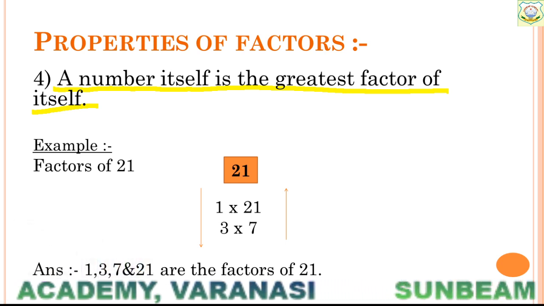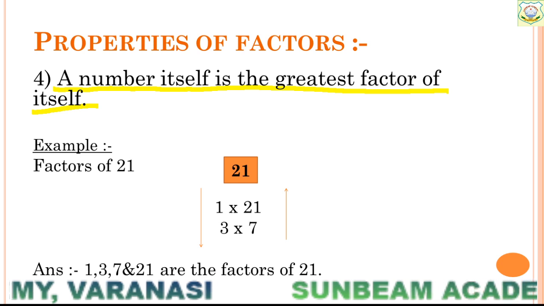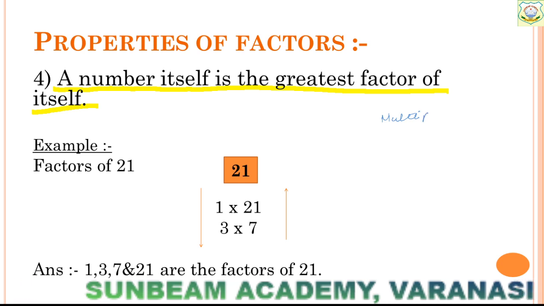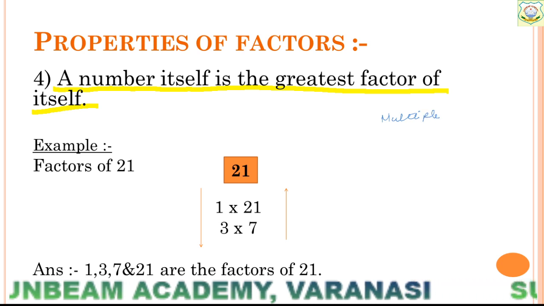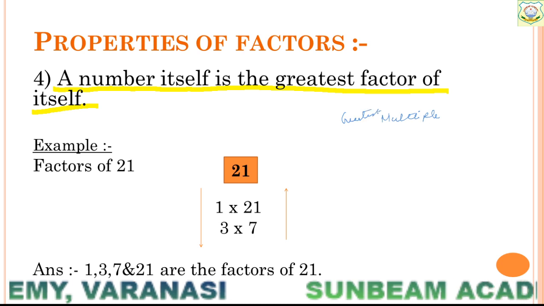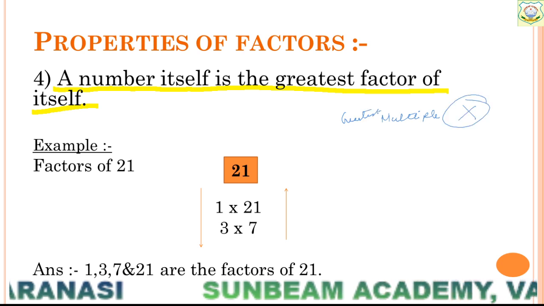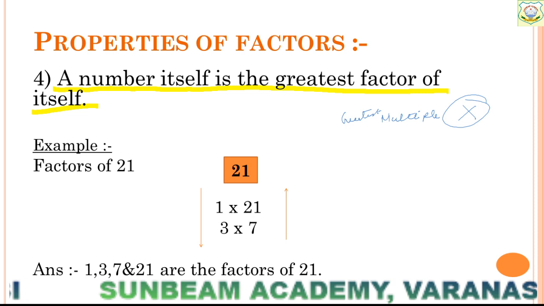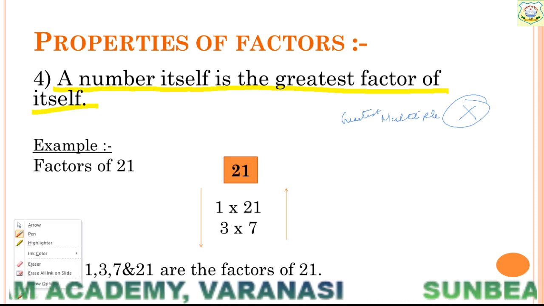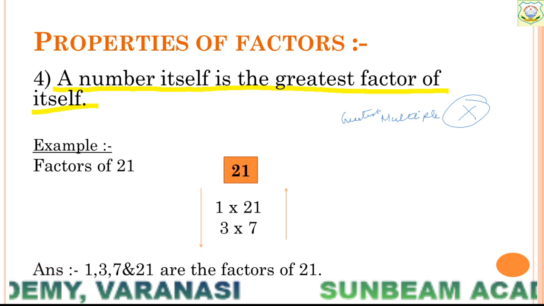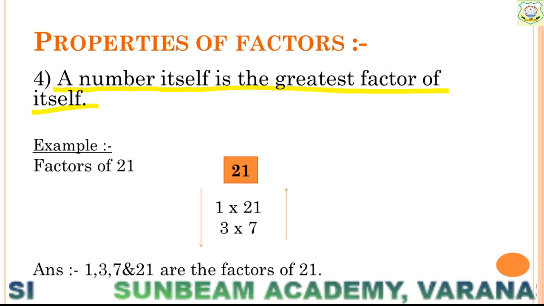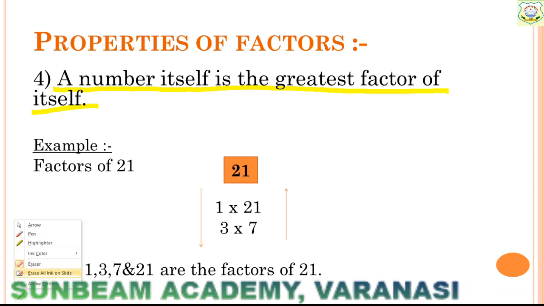So now, do multiples have a greatest multiple? Is there a greatest multiple? No, there is no greatest multiple. Okay, but there is a greatest factor. So now we will discuss the greatest factor.